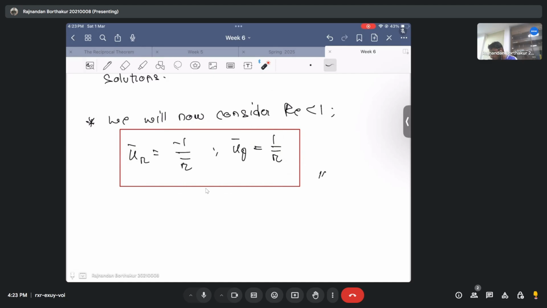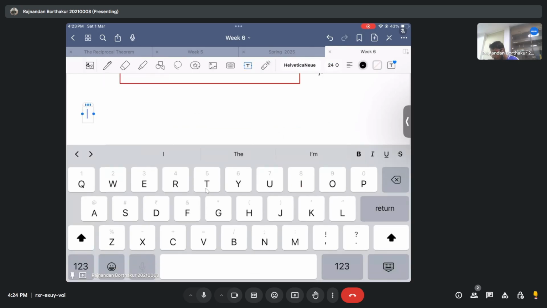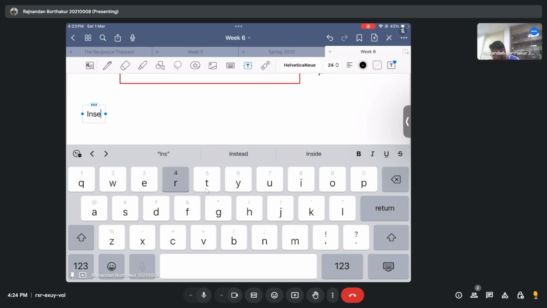Okay, so what we'll now do is, considering Reynolds number is less than 1, we will insert the velocities in the R momentum equation.